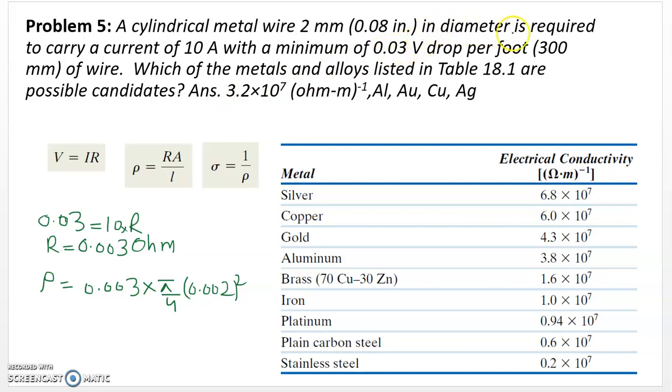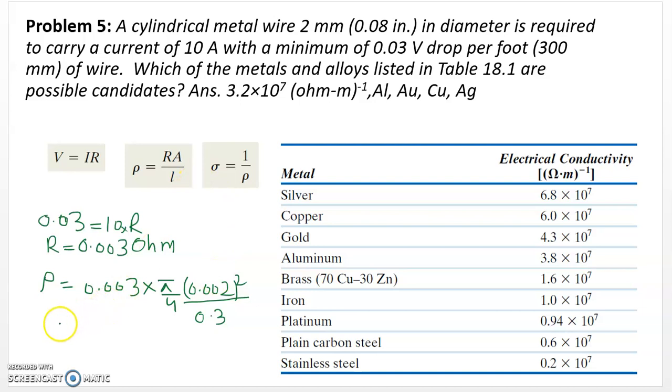The length is per foot, or we can take it as 300 millimeters, so 0.3 meter.